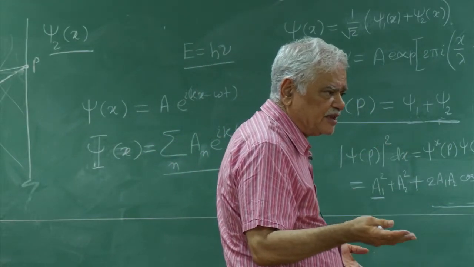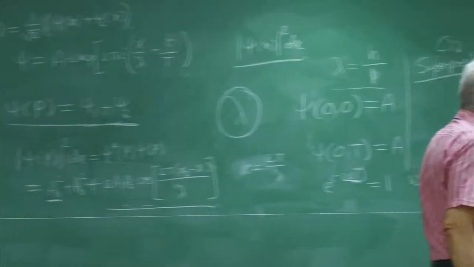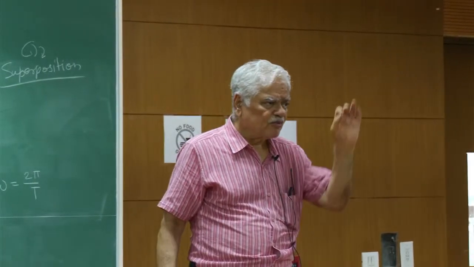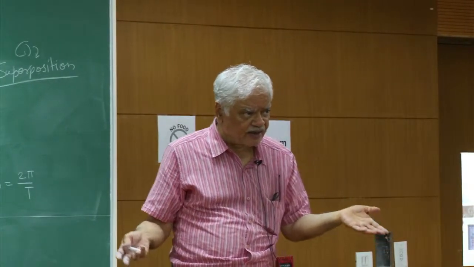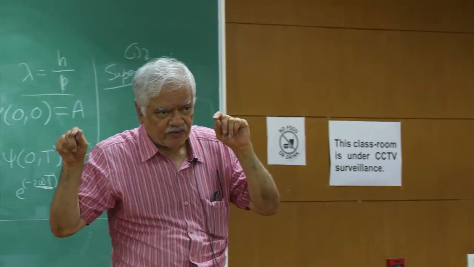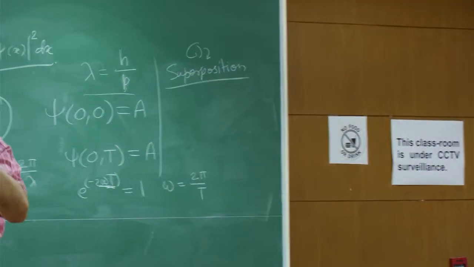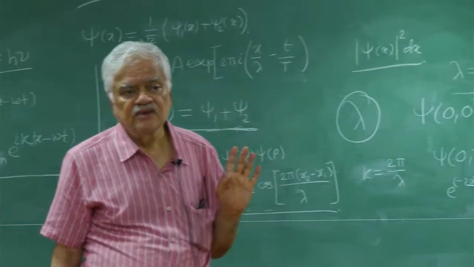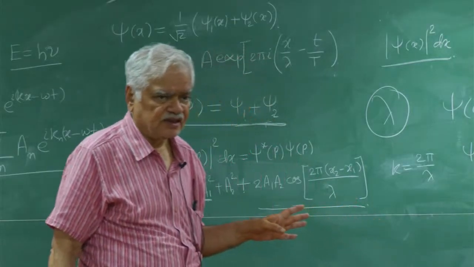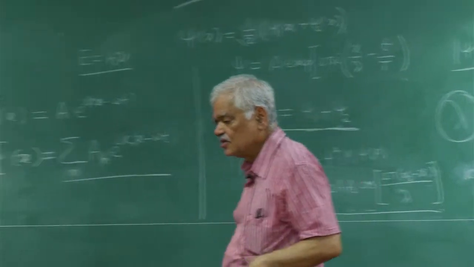While in classical probability theory, if an event can be realized in 2, 3, 4 or more mutually exclusive ways, the net probability is the sum of the probabilities of each alternative. But that's not true here. Okay, so what is the next thing?